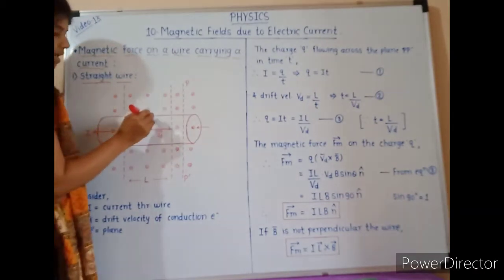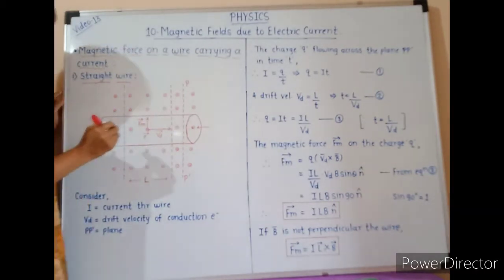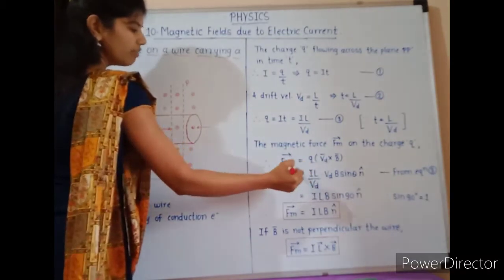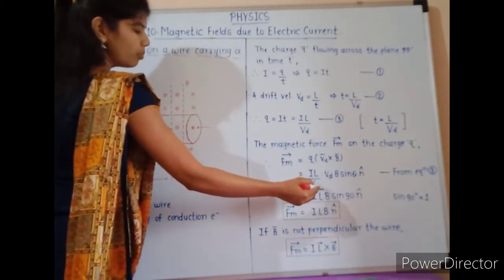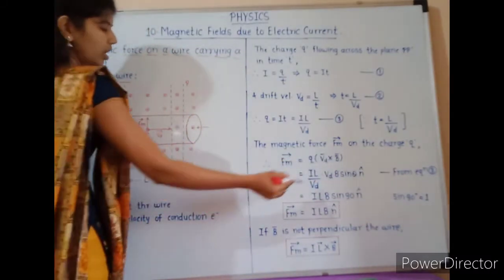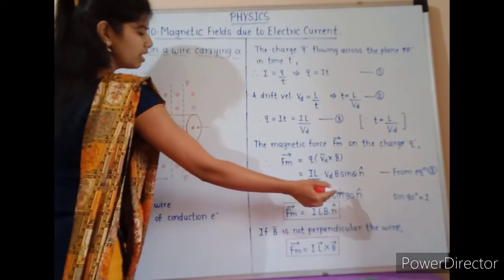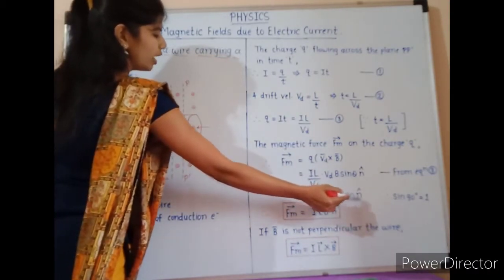So finally we get Fm bar is equal to I L upon Vd into Vd B sin theta n cap. Now this Vd gets cancelled and we get I L B sin theta into n cap.